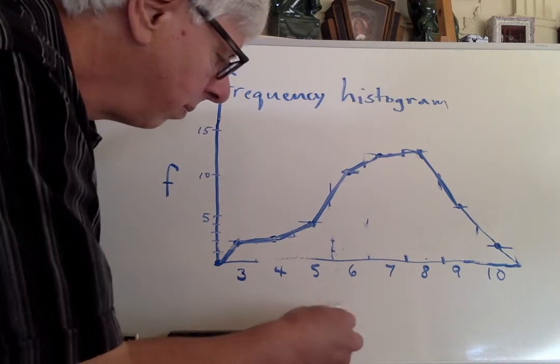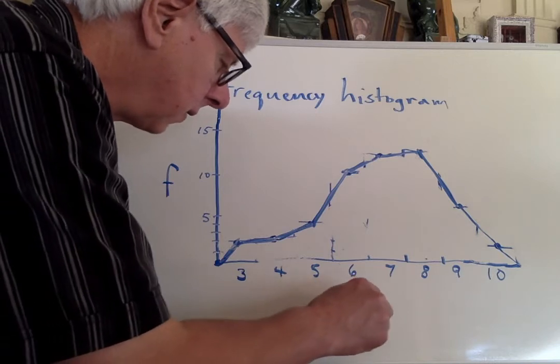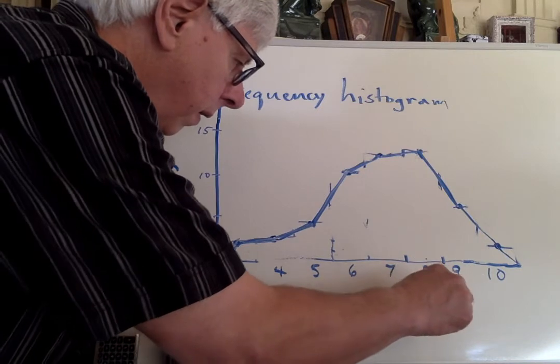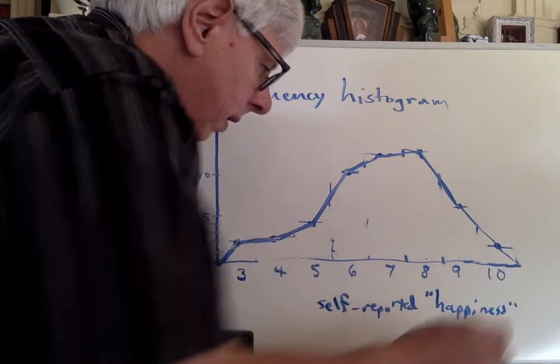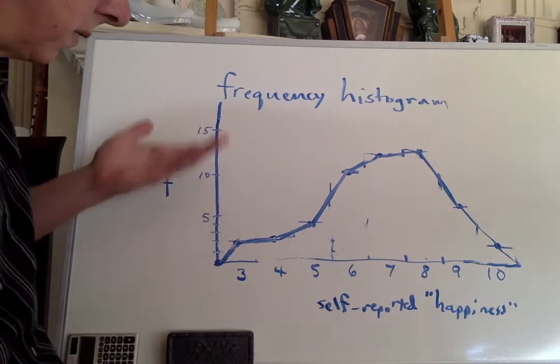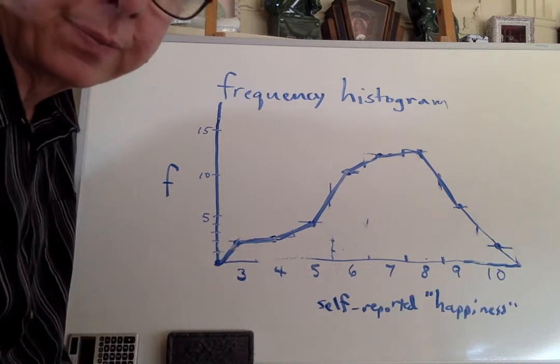So maybe I'll label this as self-reported happiness. Okay? And this is the number of people that are at each of these points.